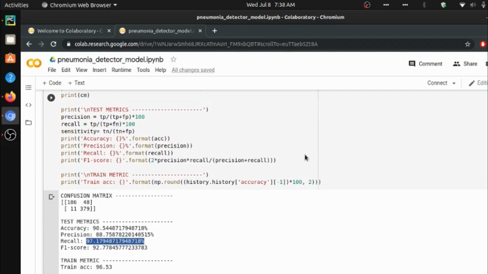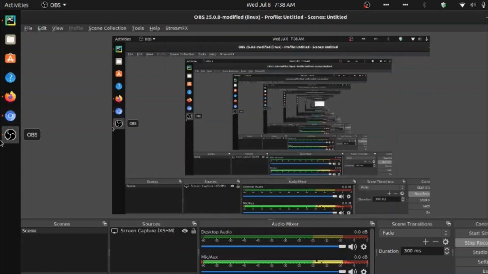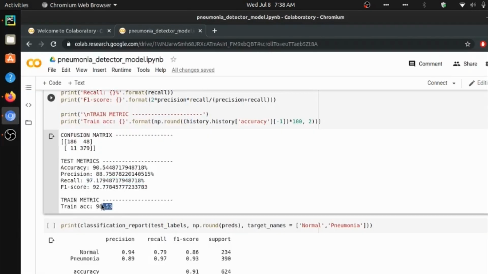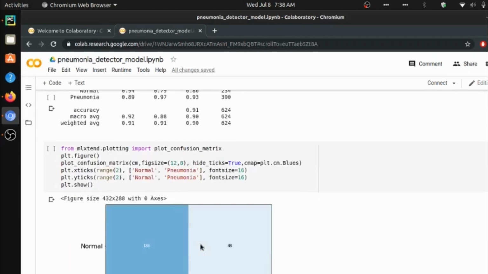Recall means the number of pneumonia patients that we have predicted actually are pneumonia. It means we are not predicting anybody to be normal when they actually have pneumonia. We are getting 97% for that. That is good, because then the patients are most likely to undergo treatment. The training metric that we are getting is 96.53.